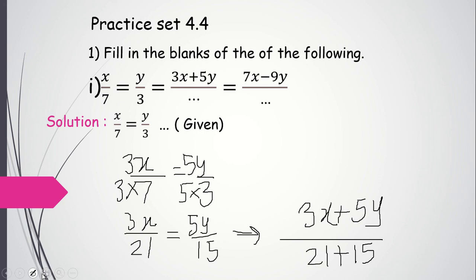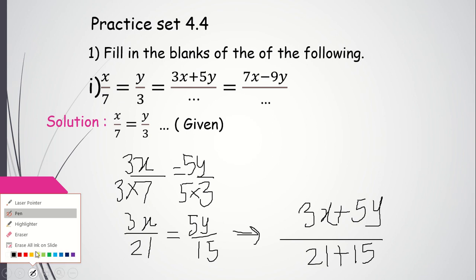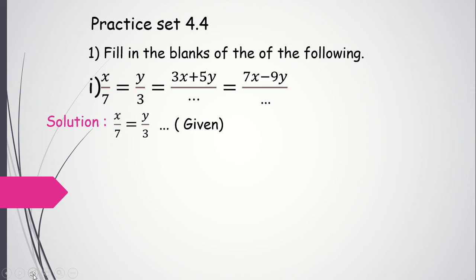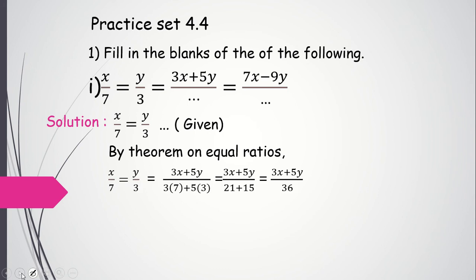So by theorem on equal ratios, x upon 7 is equal to y upon 3 is equal to, what have we done?